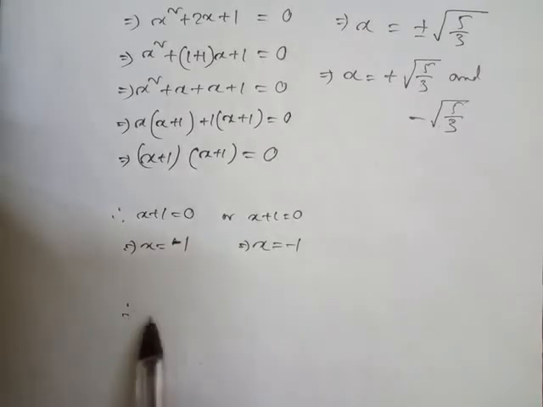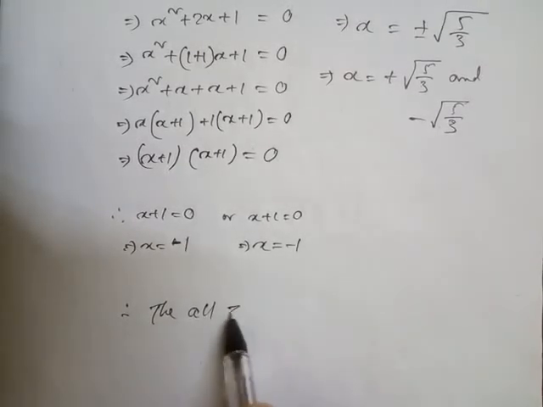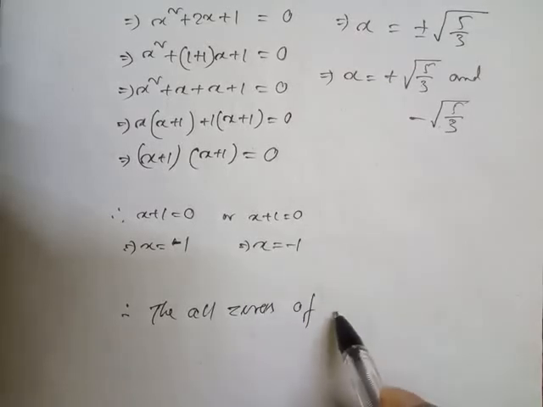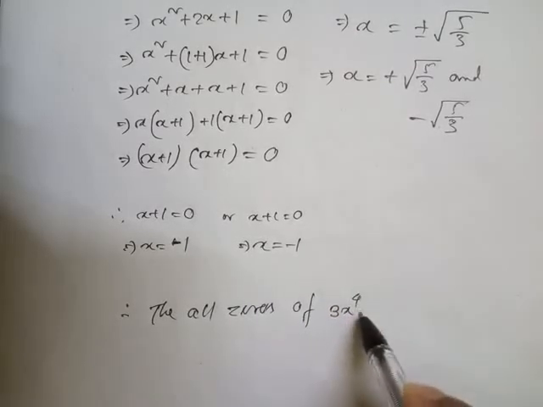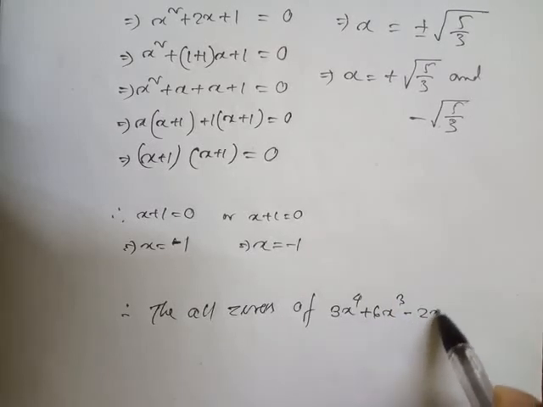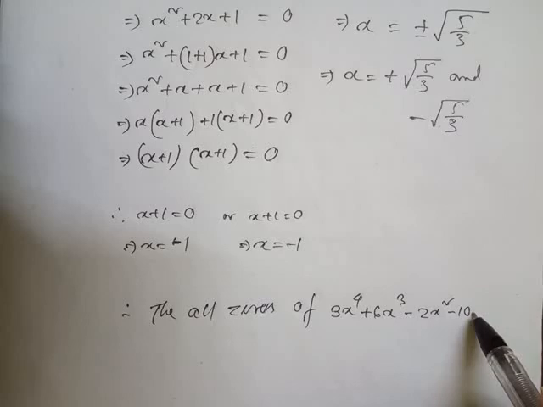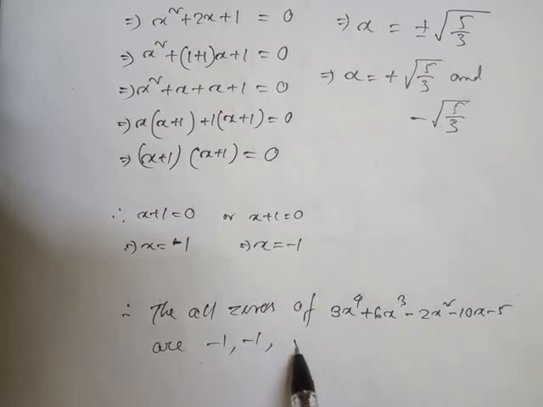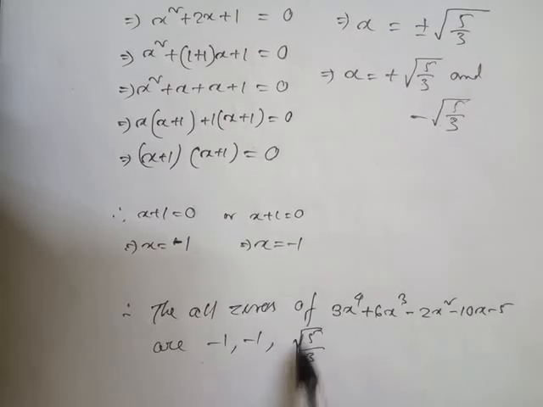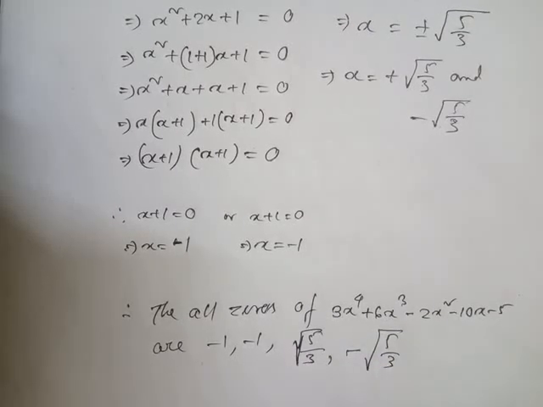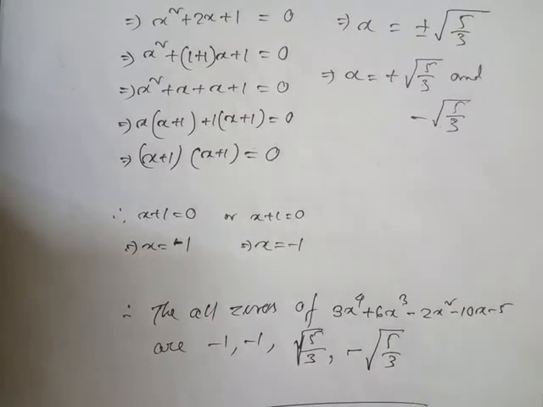So we'll write therefore the zeros of 3x to the power 4 plus 6x cube minus 2x square minus 10x minus 5 are minus 1, minus 1, root over 5 by 3 and minus root over 5 by 3. This is the answer of question number 3.